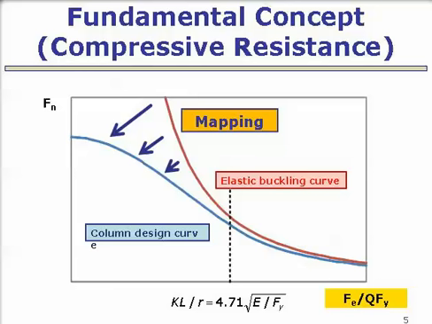By saying mapping, you can map this red curve, which is the elastic buckling curve, to the blue curve of the inelastic or elastic buckling strength of equivalent prismatic members.